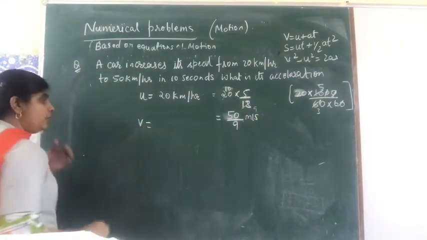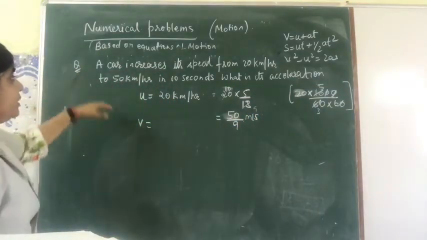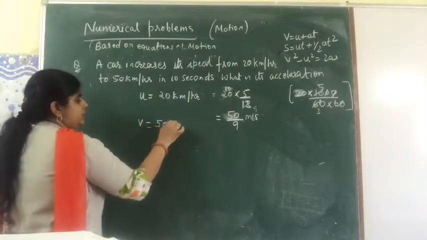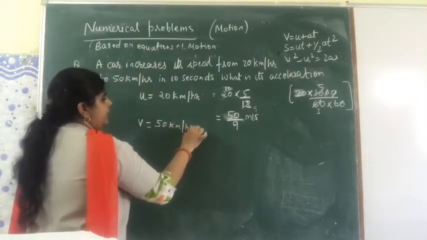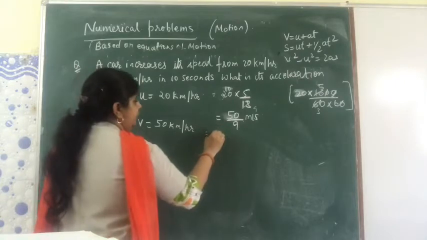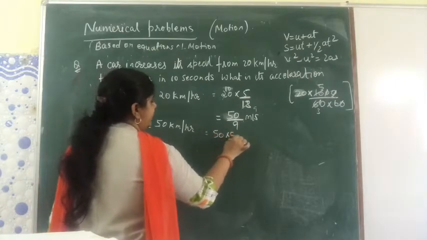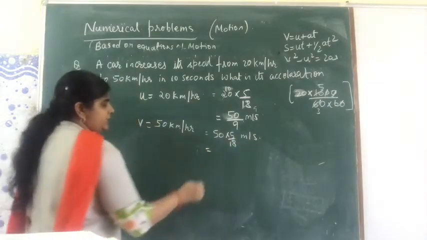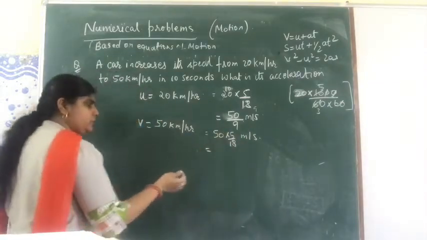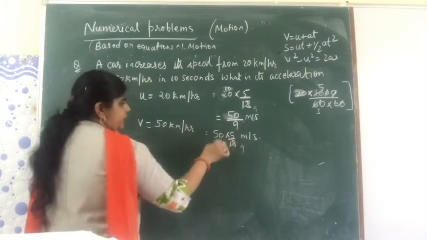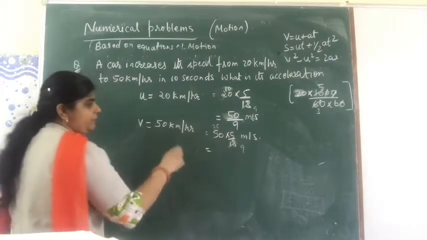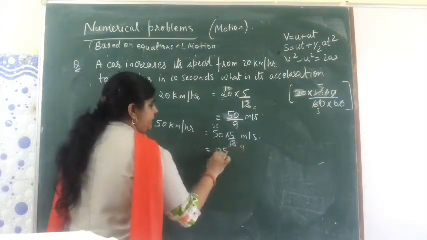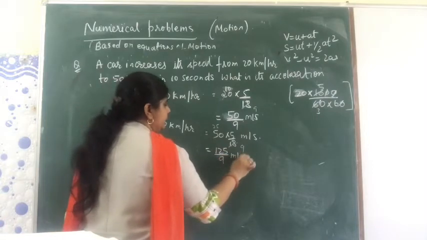Similarly, what is the value of v? The final velocity changed to 50 km per hour, so 50 km per hour is 50 multiplied by 5 by 18 meter per second. When you cancel by 2, this is 9 and this is 25, so 25 fives are 125 upon 9 meter per second.